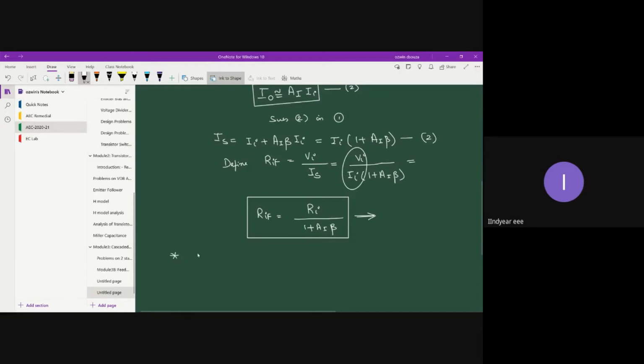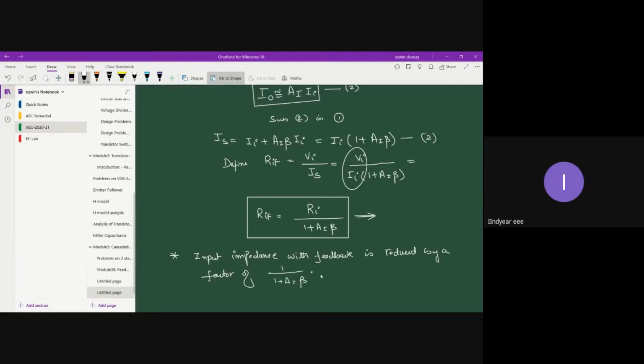So this reveals that input impedance with feedback is reduced by a factor of 1 divided by 1 plus AI into beta.